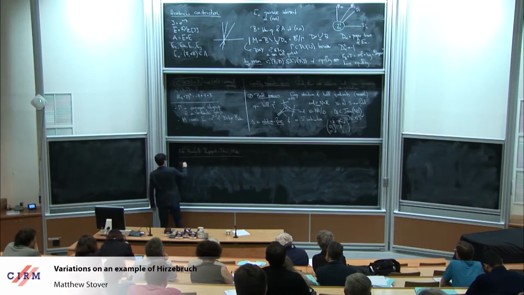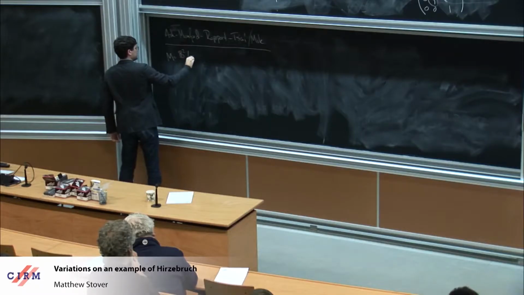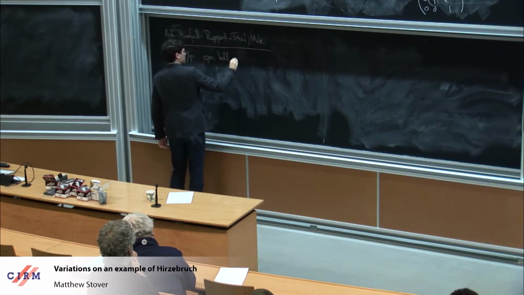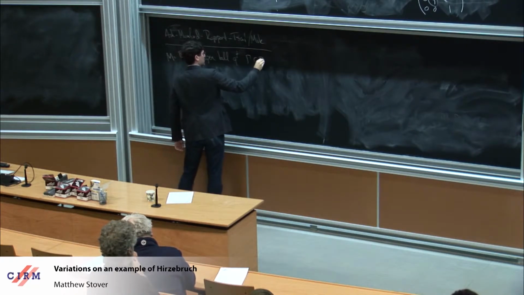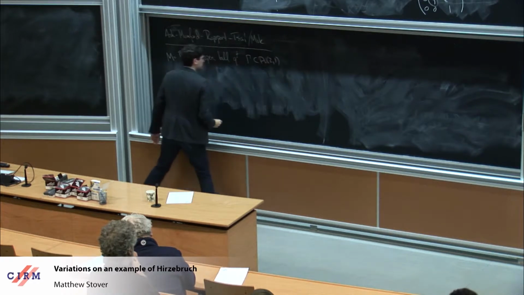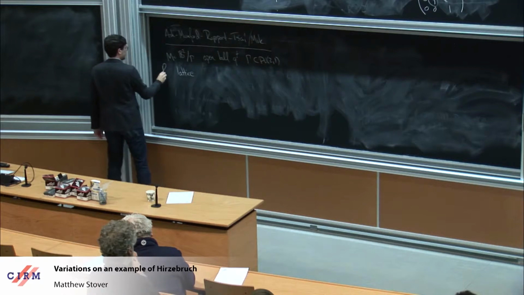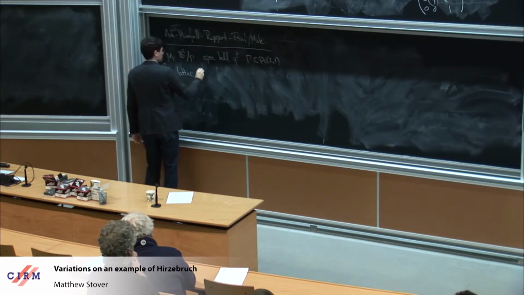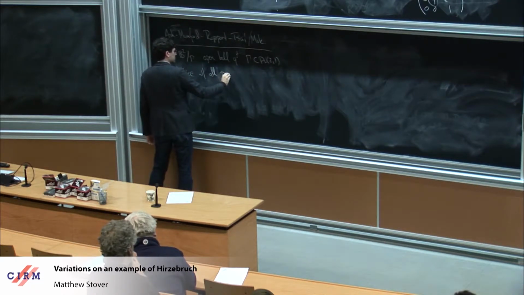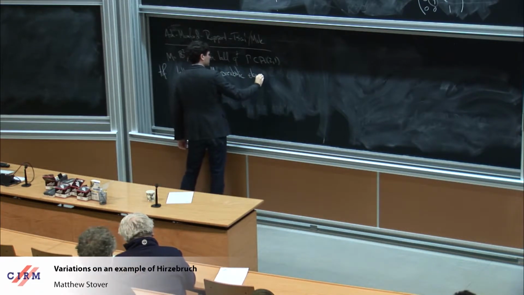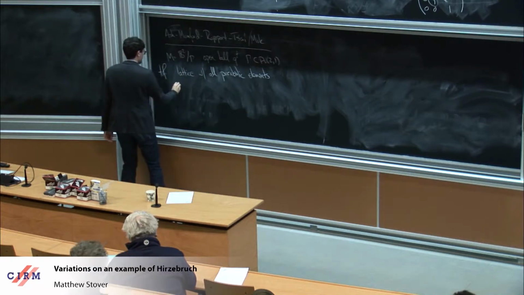So M is B2 mod gamma, an open ball quotient with a torsion-free lattice, with all parabolics rotation free.